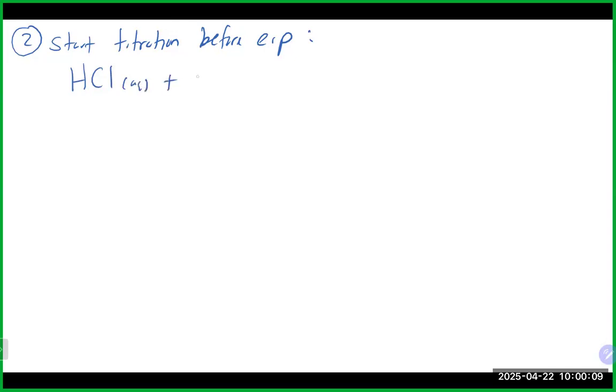So for step number 2 there, once we start the titration and we're definitely before the equivalence point, we will need to do an ice table. So we'll do our reaction here. We'll have our HCl. We'll do our sodium hydroxide here.